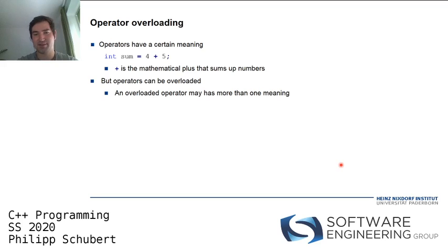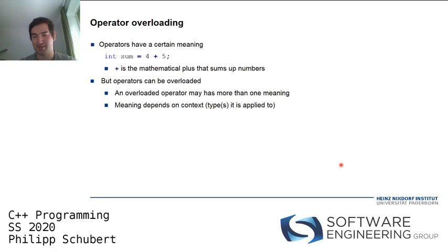Now the question is, how does the compiler know what meaning it should use for that operator plus? This can be done by context. The meaning of an operator depends on the context, and the context is almost always the type or types it is applied to.